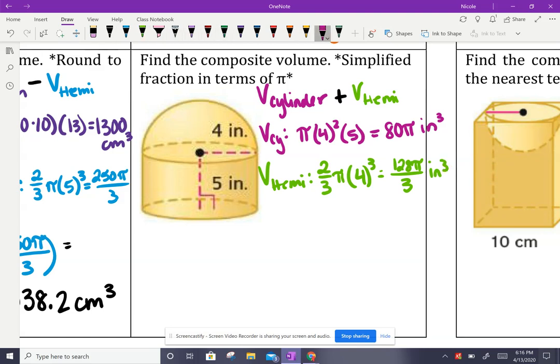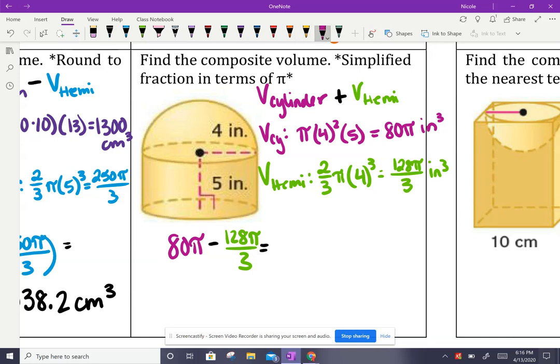And so for my final answer, this says in terms of pi. These both have pi in them, so please be very careful. We're saying 80 pi plus 128 pi over 3. In order to make sure you add these well, you either want to not include the pi's at all and do 80 plus 128 over 3 and then plug the pi back in, or you can turn that 80 into something with the same denominator.